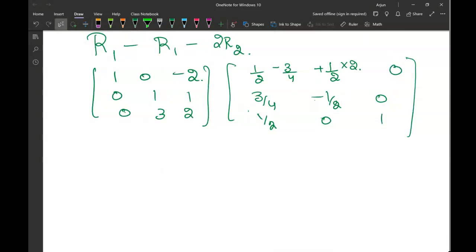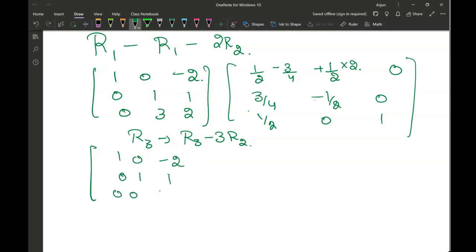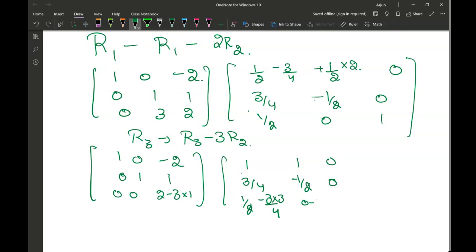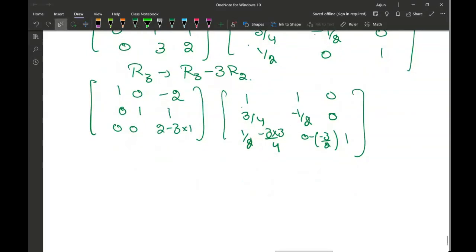The next operation I'm going to apply is on R3: R3 minus 3R2. So 1 0 -2, 0 1 1, 0 0 2 minus 3 times 1, and then 1 1 0, 3/4 -1/2 0, 1/2 minus 3 times 3/4, 0 minus 3/2, 1. I'm going to simplify this so that there is no hodgepodge.